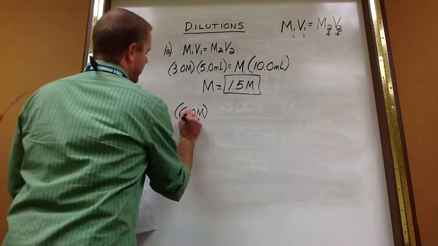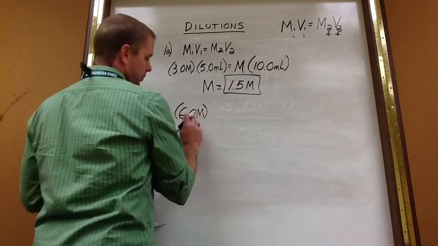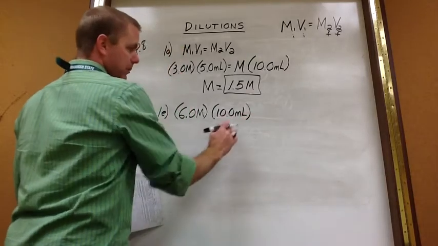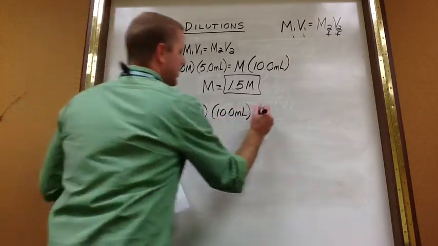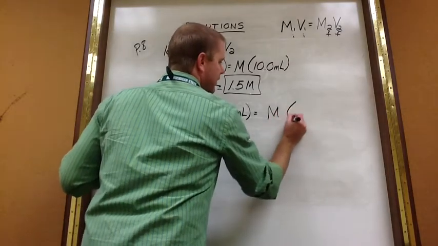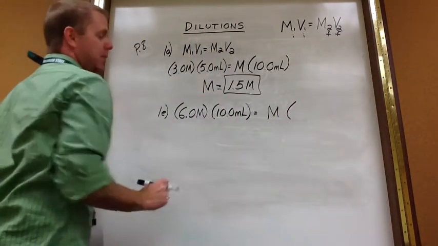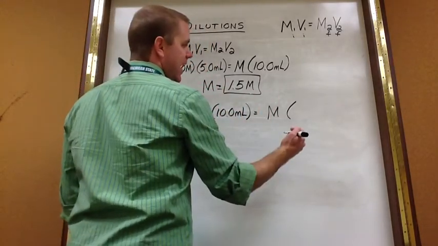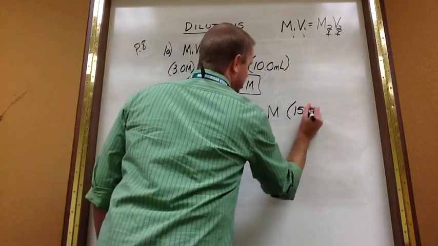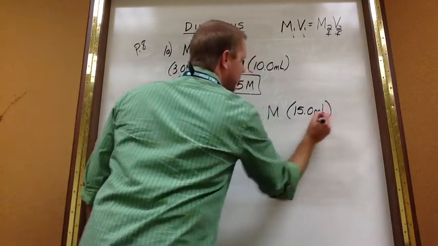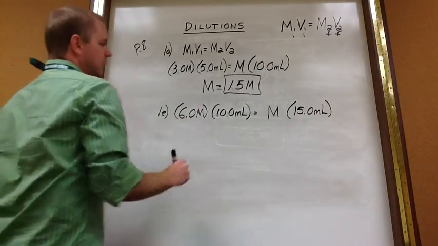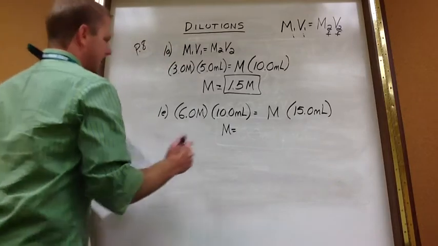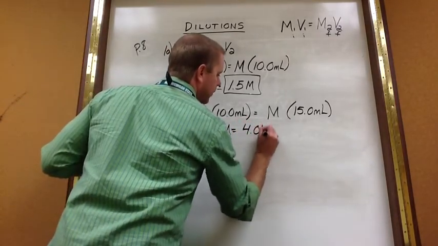So if we keep 5 milliliters as our norm, 2 volumes of this would be 10 milliliters, right? 2 of them, because if they're 5 each and we get 2 of them, equals molarity times the volume when we take the 2 volumes of this and the 1 volume of water. So 10 plus another 5 for the water is 15 milliliters, right? So, significant figures are determined by the 6.0. You figure this out and you get 4.0 molar.